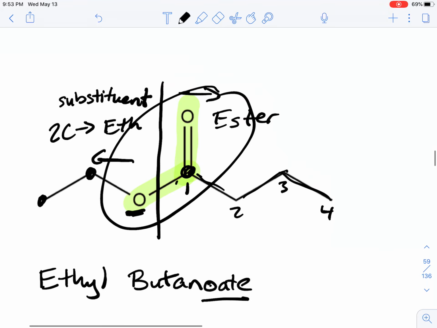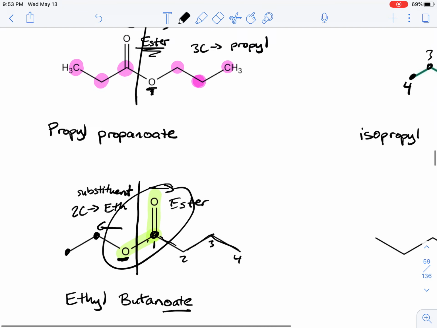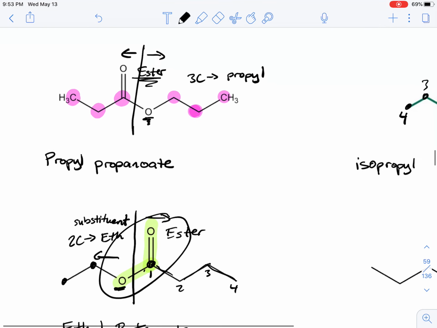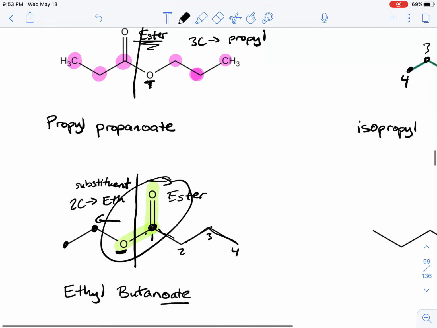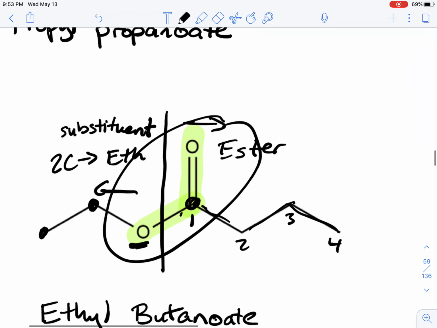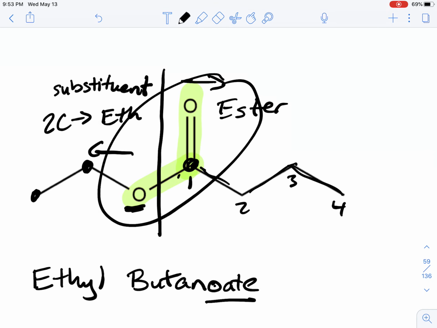Okay. So just be very careful. Not everything to the right is going to be your substituent, and so I can always flip it out on you. So you just need to be able to recognize which part of the ester is going to be the substituent, which part of the ester is going to act as the parent chain.